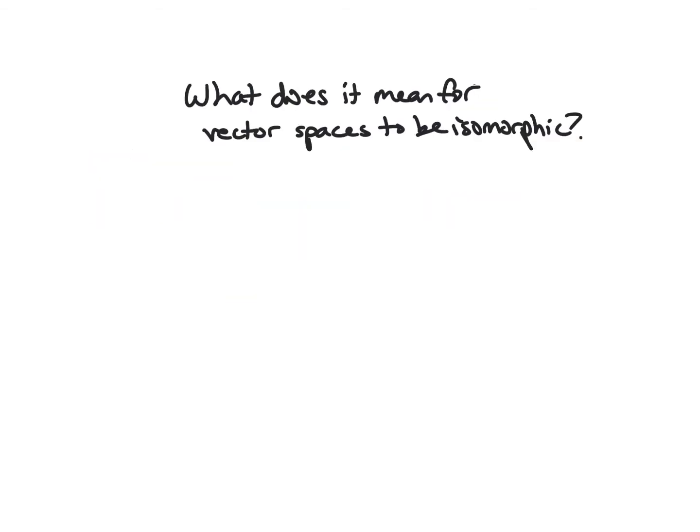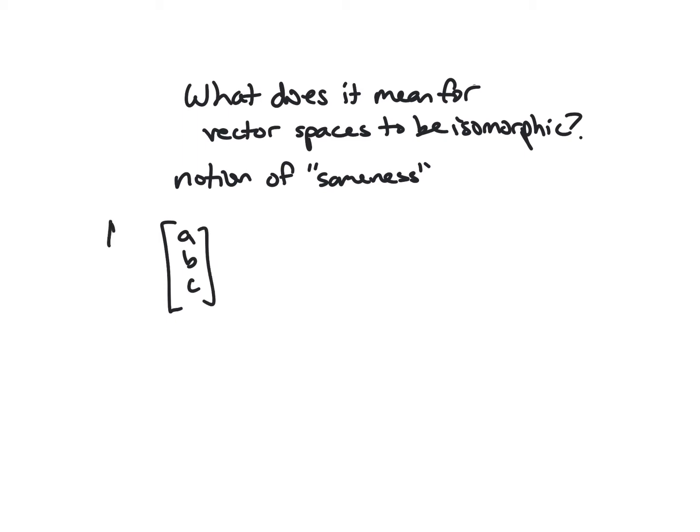So what does it mean for two vector spaces to be isomorphic? Basically it is a notion of sameness. I think it's best expressed through some examples. For instance, column vectors in R3 look like a, b, c. Now, what if I consider matrices in M1 by 3?